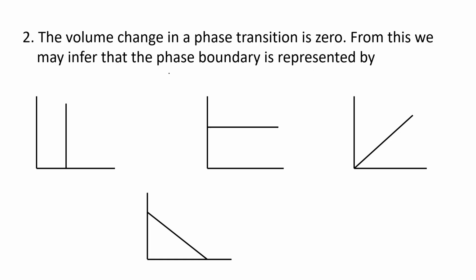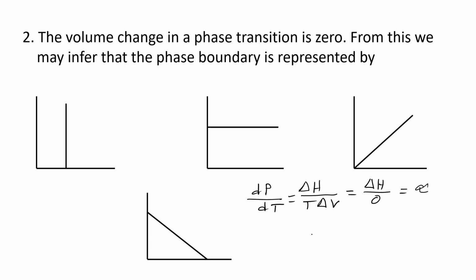Right. Now next one: volume change in a phase transition is 0. From this we may infer what the phase boundary is. What is our Clapeyron equation? That is dP by dT equal to delta H divided by T delta V. Now delta V is 0, so delta H divided by 0 is equal to infinity.